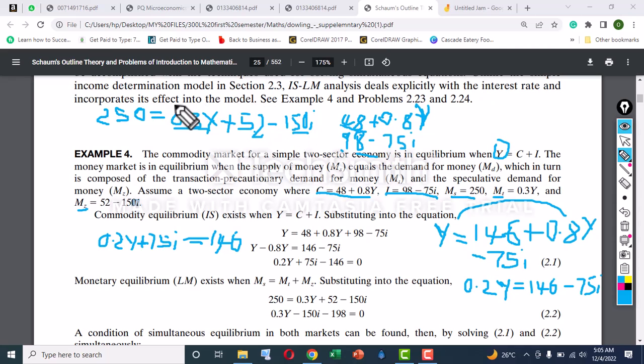So I'm going to have minus 0.3y, then minus 150i becomes plus 150i, equals, then 52 minus 250, that will be minus 198. So these are two equations, equation 1, equation 2.